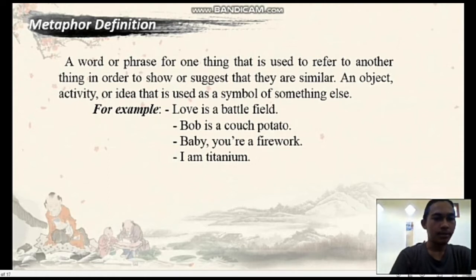Often you can use a metaphor to make your subject more relatable to the reader or to make a complex thought easier to understand. For example, love is a battlefield, Bob is a couch potato, baby you are a firework, and I am titanium. Okay, next slide.